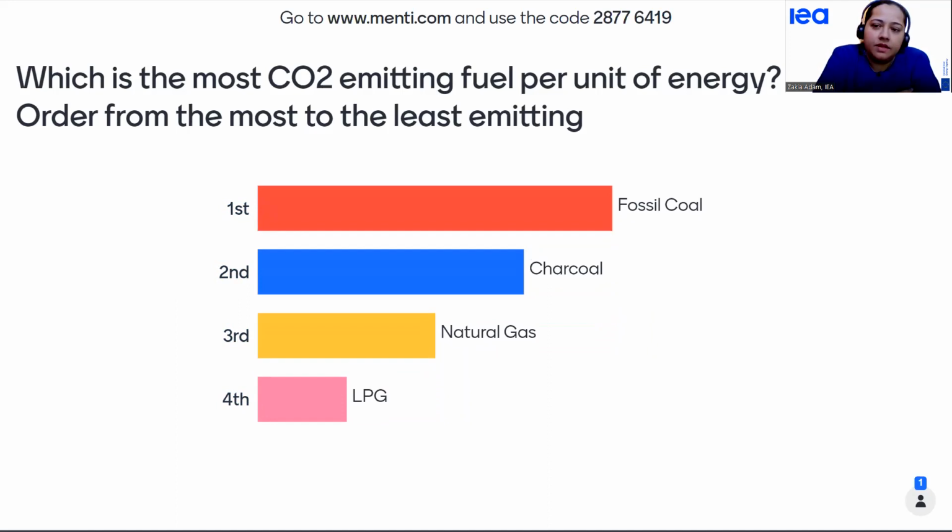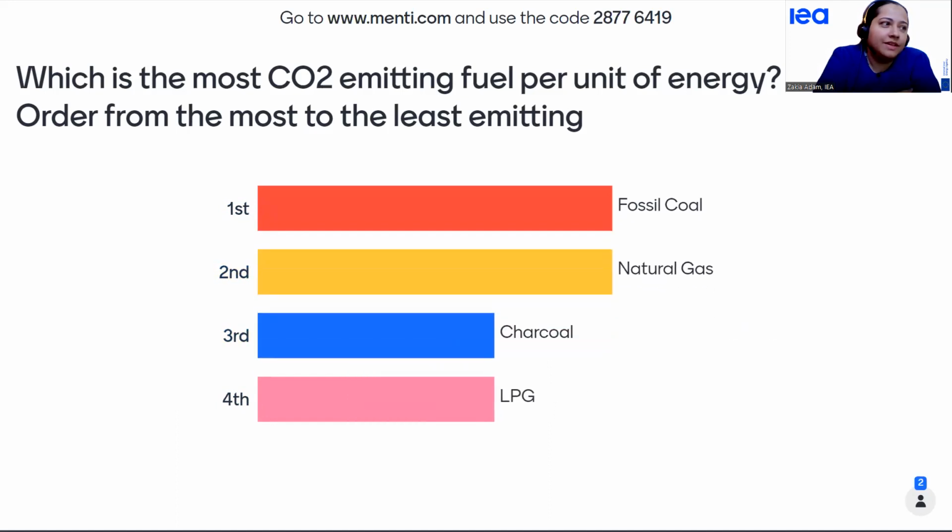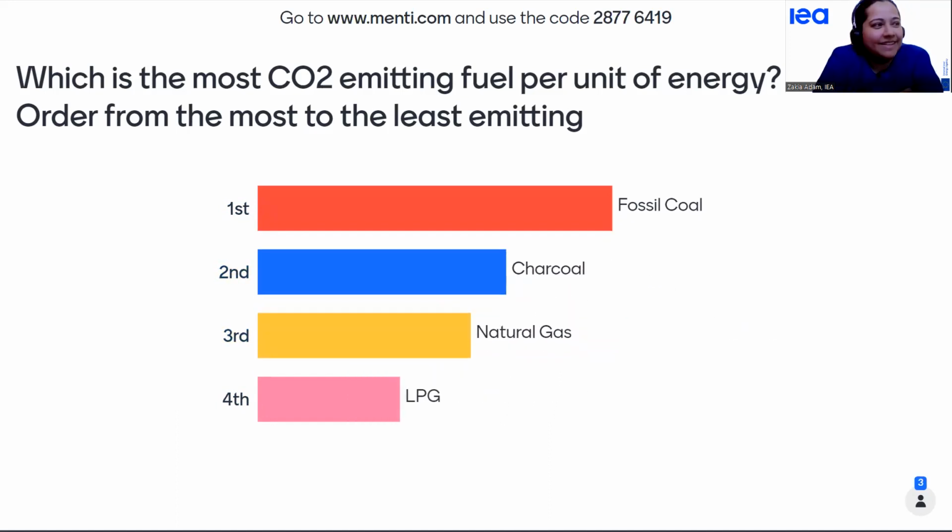So rank it from the most emitting to the least emitting fuel. I just gave you a hint. Excellent.